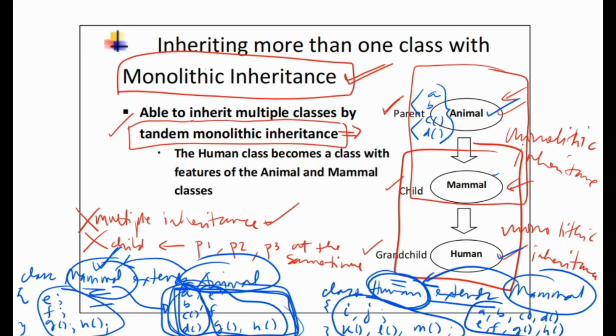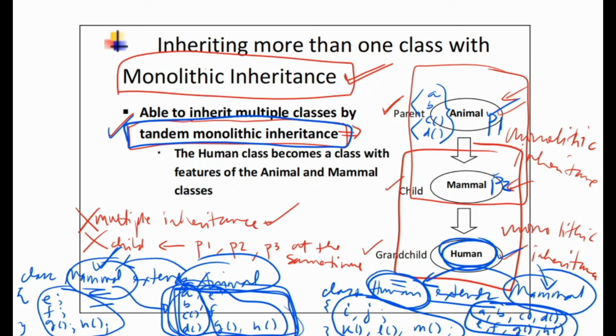So all of these are inherited from mammal, in which A, B, C, and D are actually coming originally from animal, right? So by tandem monolithic inheritance, we are allowing a new class like human to inherit from two parents. Parent 1 is animal and parent 2 is mammal.